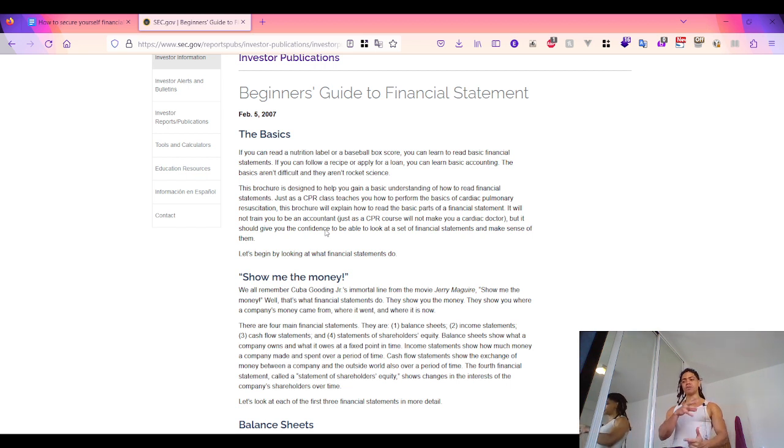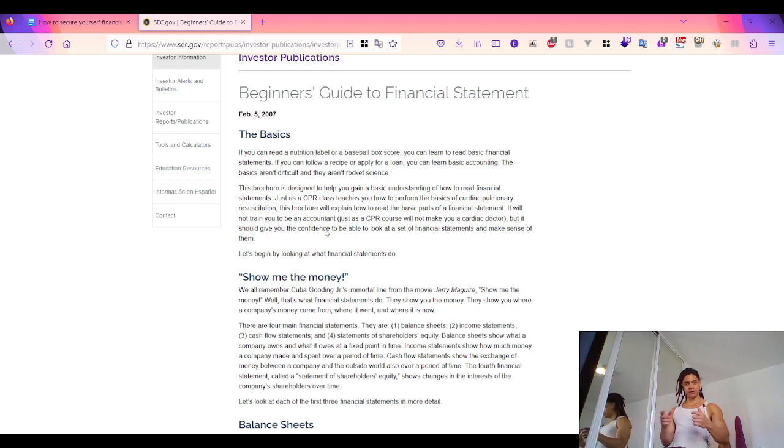The income statement shows how much money a company makes and spends, again, over a period of time. Cash flow is the exchange of cash between the company and the outside world, as well as the statement of shareholders' equity that shows the change in interest over time. So in this section, they just focus on these three.